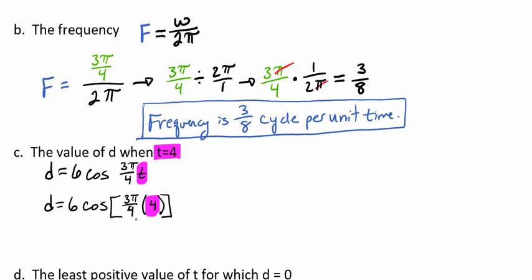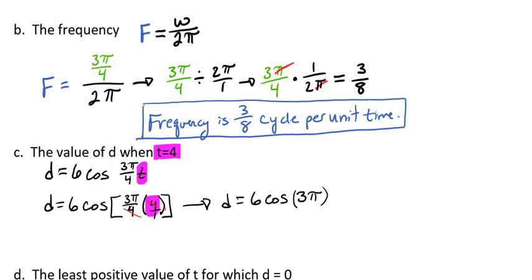That gives us d equals 6 times the cosine of 3 pi, because this is like saying 4 over 1, which means our 4's will cancel out.